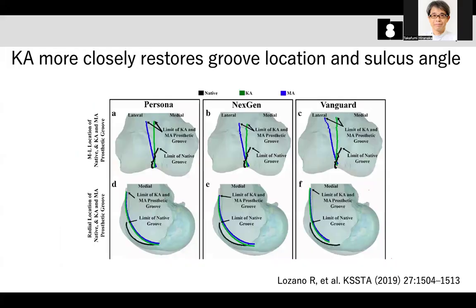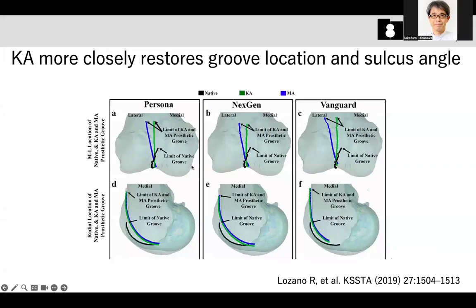This is an anatomical study. KA more perfectly restores the native groove location. See, this is the KA and MA groove line on the femoral component.